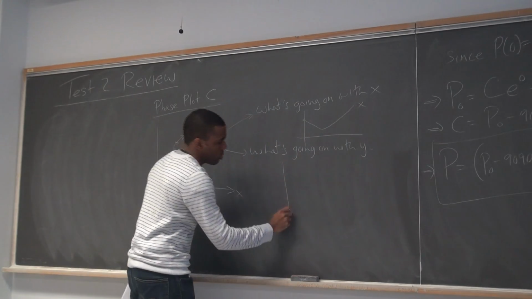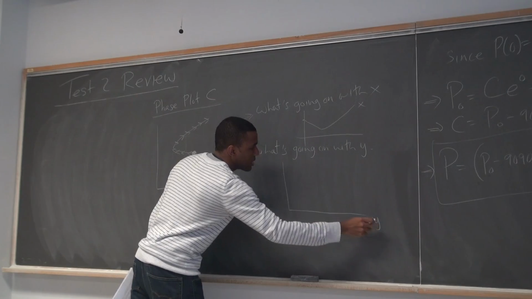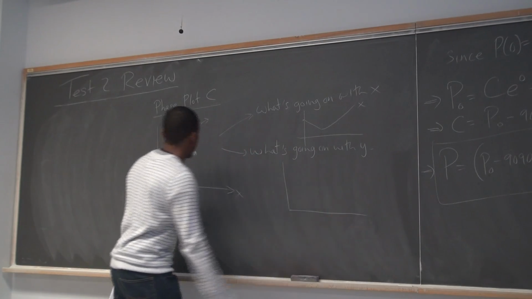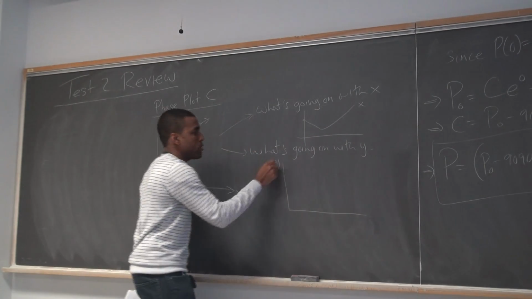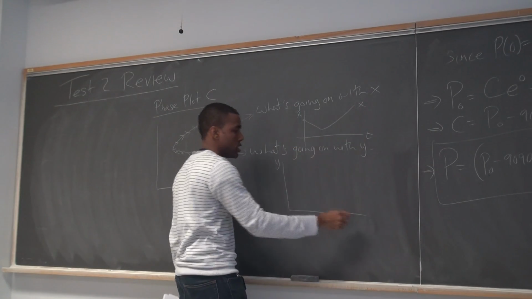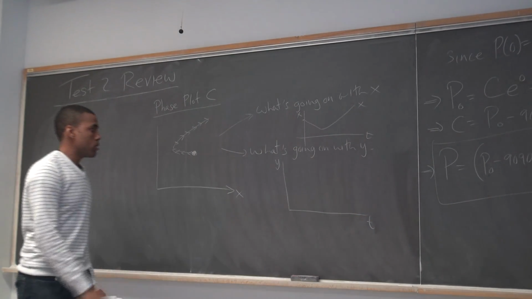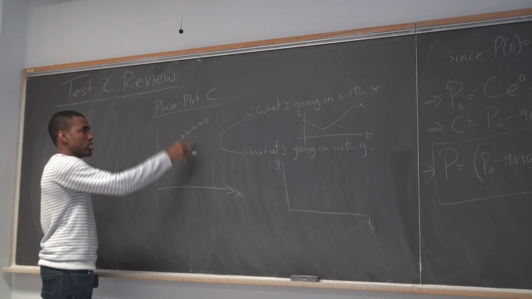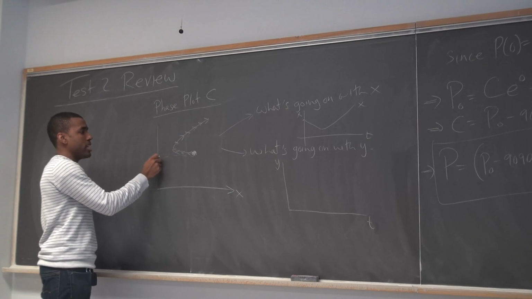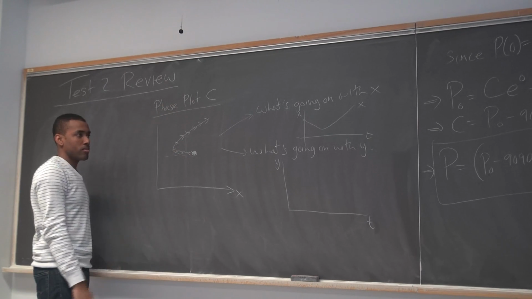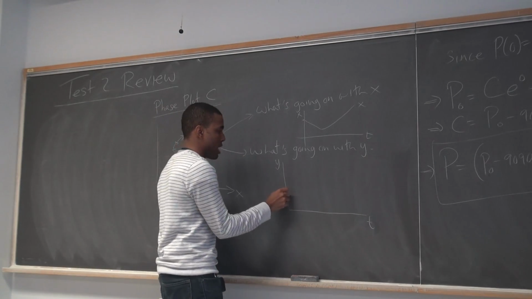And then what would happen to the y? If I plot y versus t, or x versus t, what would the difference be? What's happening to the y value? It's just increasing, right? From the beginning, all your y values are higher. So the y value is just going to be a graph that goes like that.